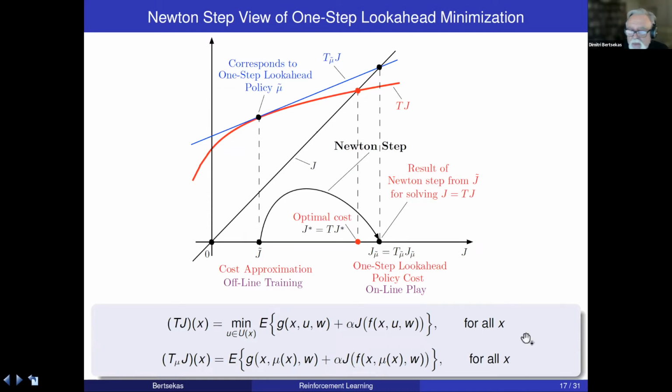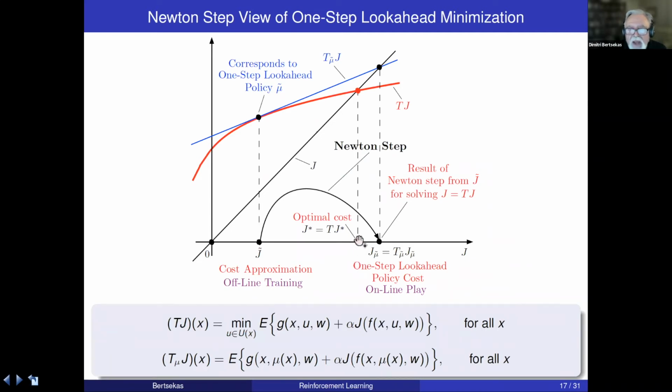Okay, let me spend some time here on this figure. It involves the Bellman operators of the problem, which in the previous lecture, where we talked about linear quadratic problems, were the Riccati operators. This is the min Bellman operator, and this is the mu Bellman operator. A fixed point of T is j star, the optimal cost function of the problem.